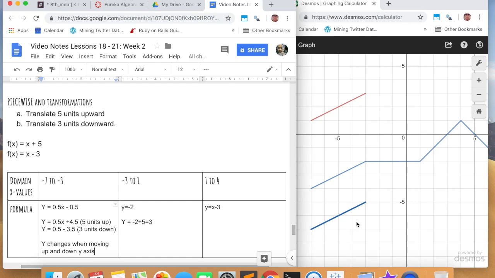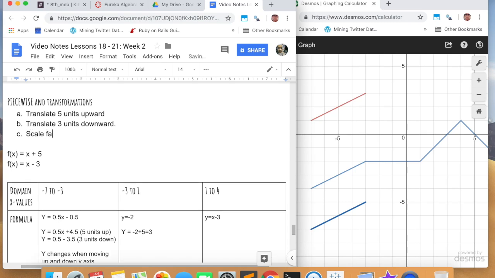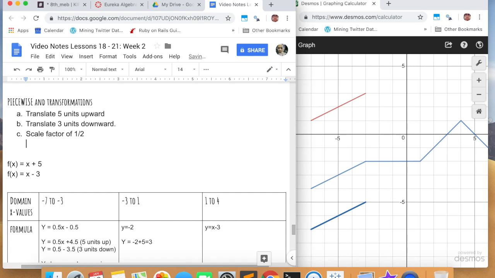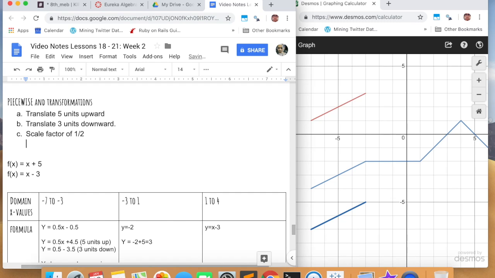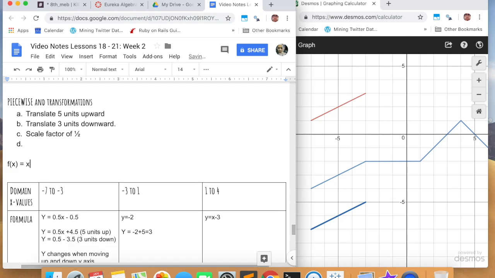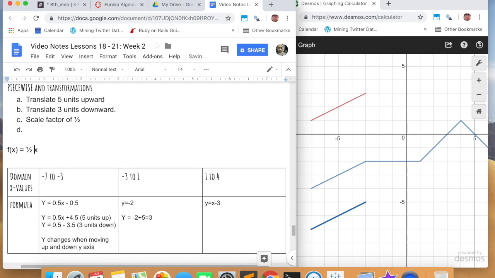Now what would happen if we wanted to apply a scaling to a piecewise? In a similar fashion, you would apply the scaling and do the math with the original interval equation. So if I want to add a scale factor of 1/2, for example, then I would just use 1/2 as the coefficient. Now because your original function already has a coefficient of 1/2, you would have to do some math.